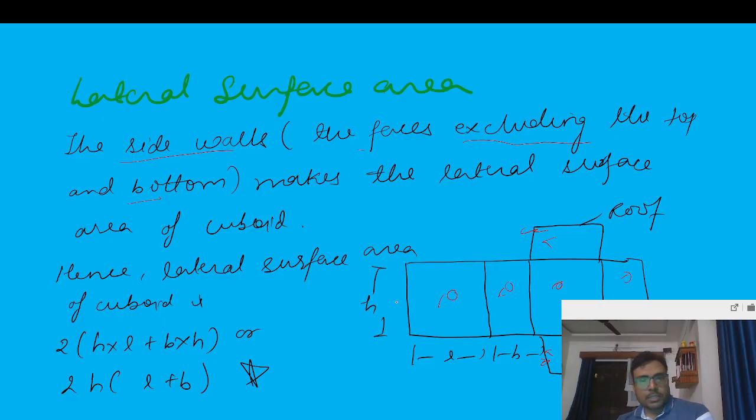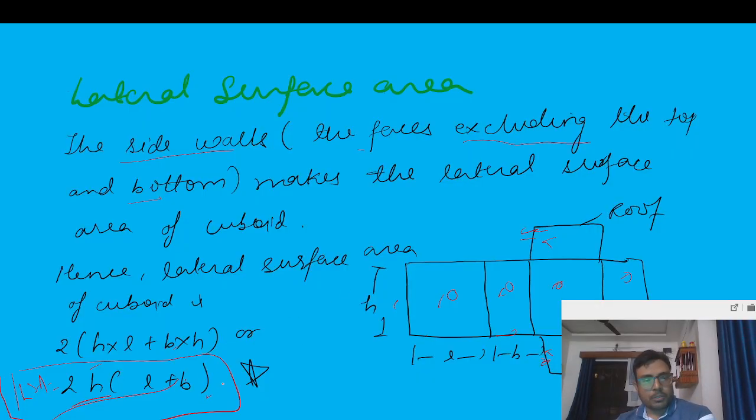So 2 times h into l plus b into h. And if we take the common h, with 2 outside, it is 2h. Lateral surface area is 2h into l plus b. So understand this concept very clearly, that roof and bottom are not considered while calculating the lateral surface area of cuboid or for any figure.